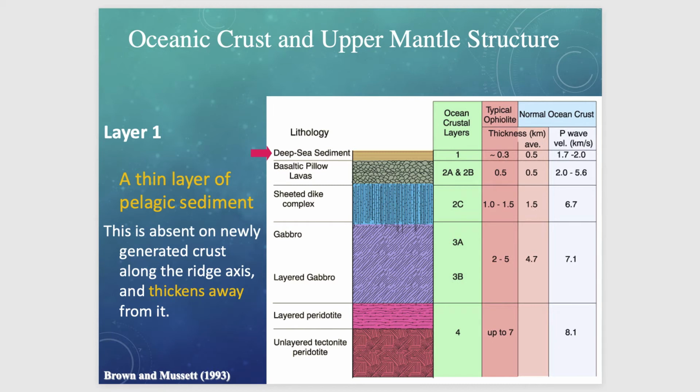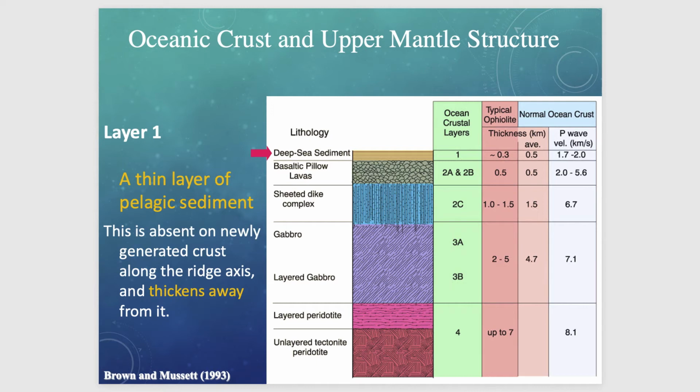By pelagic, it is meant that it is composed dominantly of organisms that accumulate when they die on the bottom of the ocean. They will produce accumulations that become sediment. There will also be minor clastic supplies, depending on how far you are from a continent.